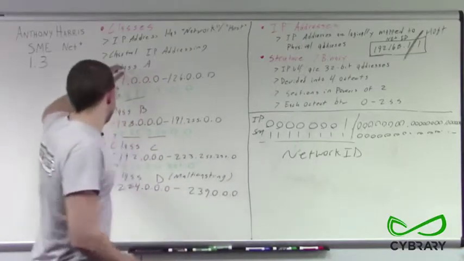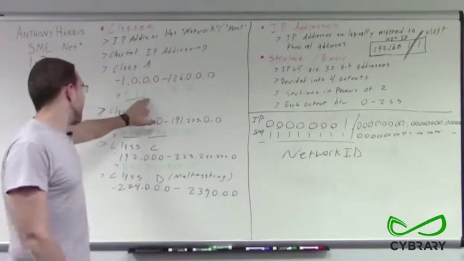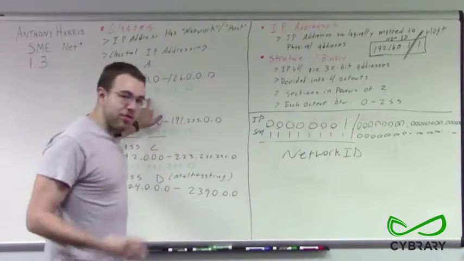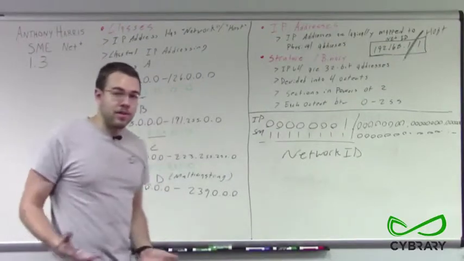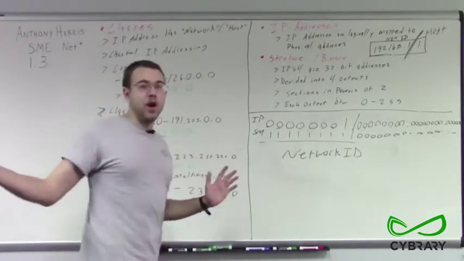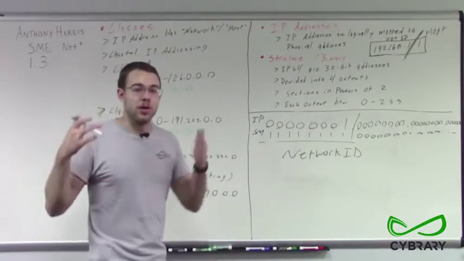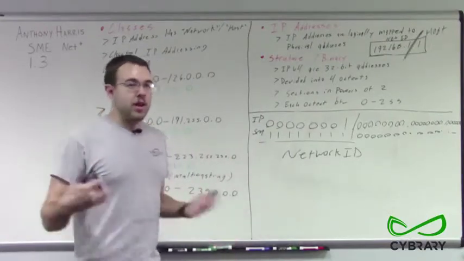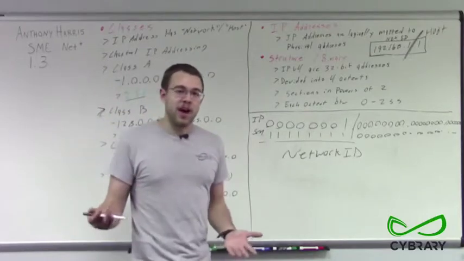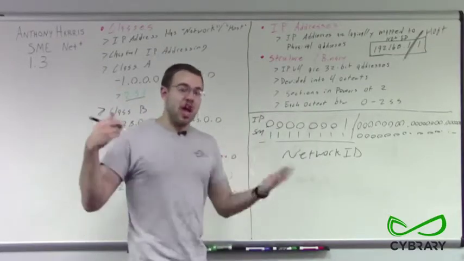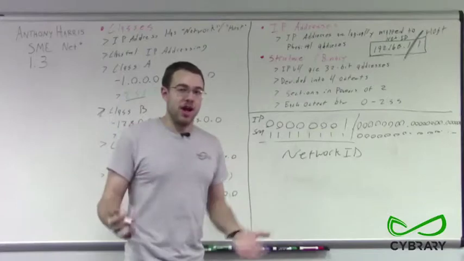Now, with Class A addresses, this leaves us with at most 254 networks and hundreds of thousands, millions of potential computers. Now, unless we're an internet service provider, we don't need a gigantic Class A address.